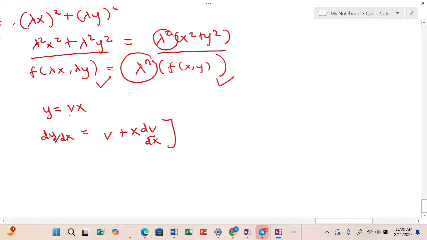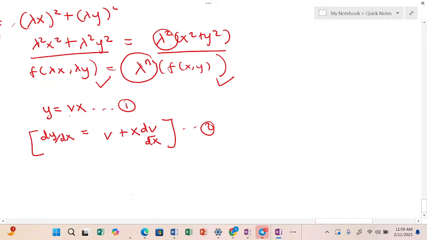Alright, so this is what we get as our equation. So we effect two substitutions, that's equation 1 and then equation 2, into our given differential equation to be able to solve for our general solution.